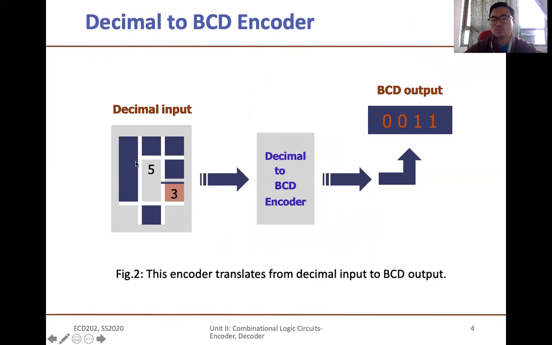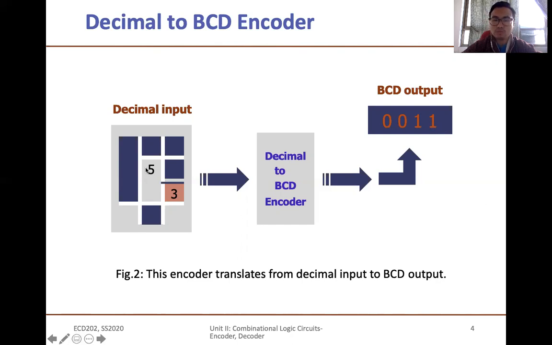Now with the help of this device, that is encoder, the input is converted to output. For example, you have input 3 selected. So you have a decimal input and your number 3 is selected from the input side, and this 3 is fed to this device, the encoder. With the help of this encoder, this will convert to BCD output, which means binary output, 0011, so the equivalent decimal number will be 3.